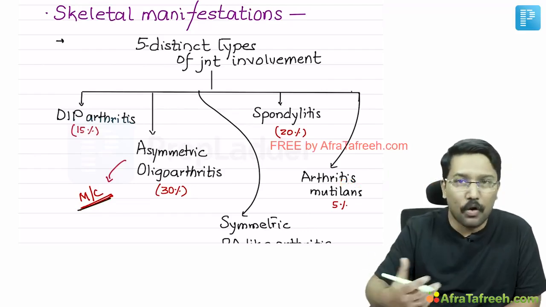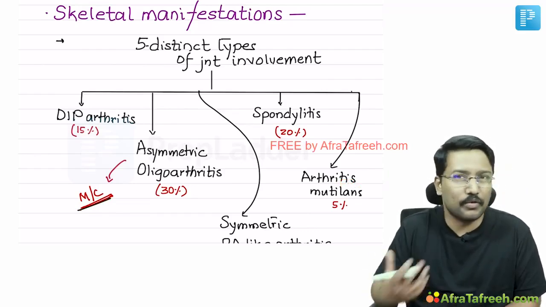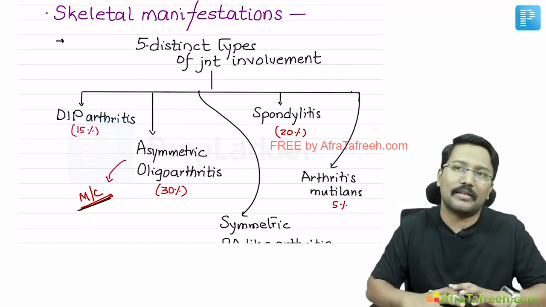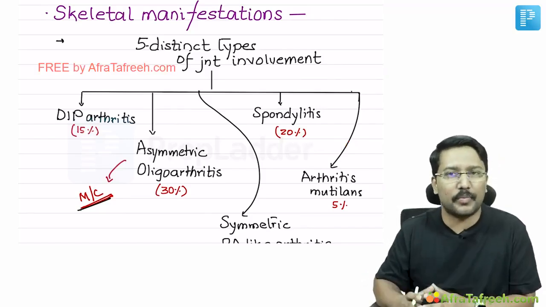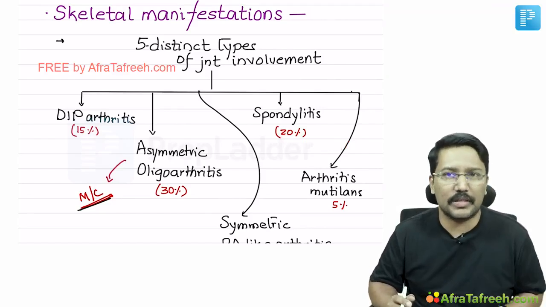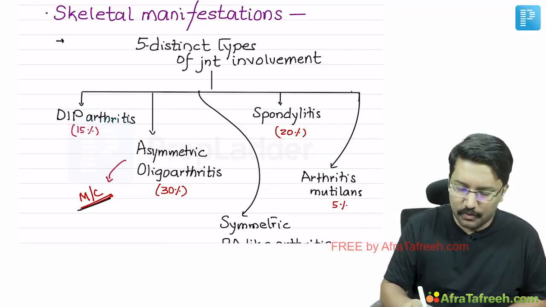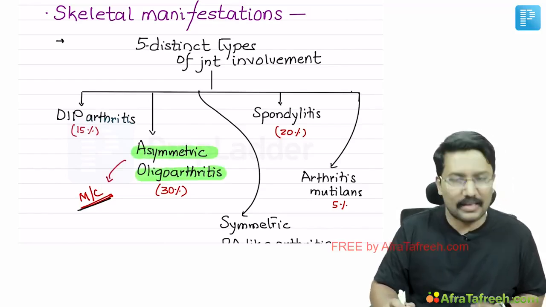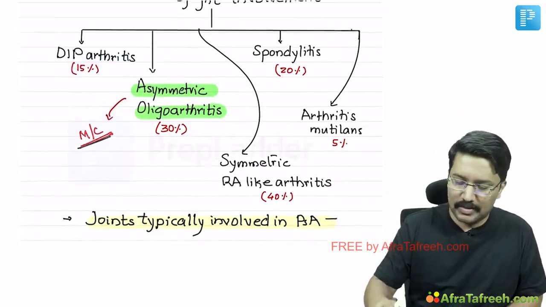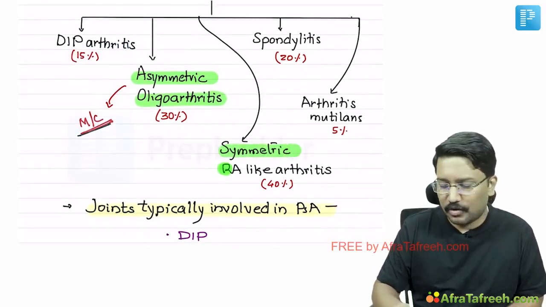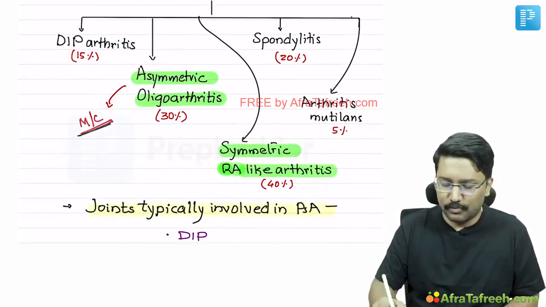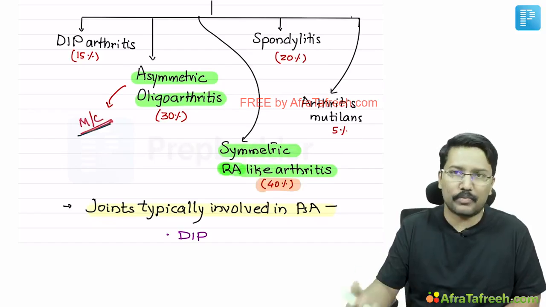This is the most common form. According to most of the literature, as much as 60 to 70% of the patients would present with this. So my recommendation is, if there is an MCQ asking you what is the most common, go with asymmetric oligoarthritis rather than going with Harrison, which says symmetric rheumatoid arthritis-like arthritis as the most common, going by his number of 40%.